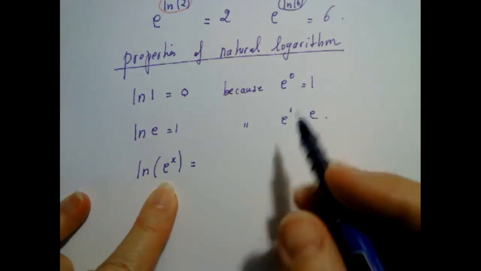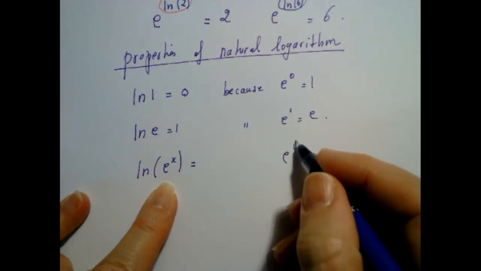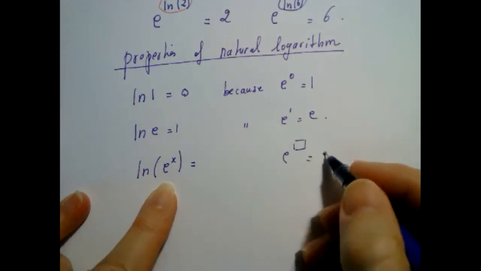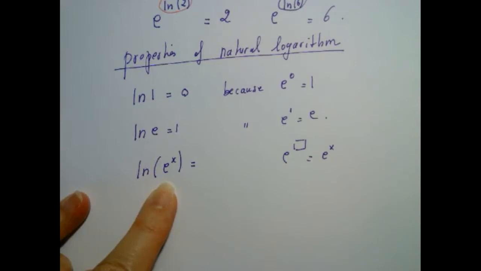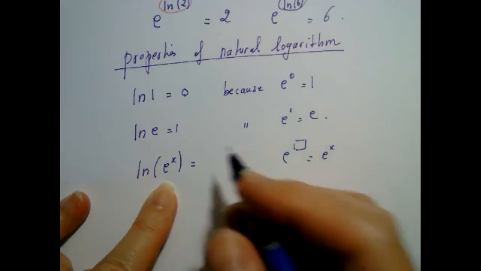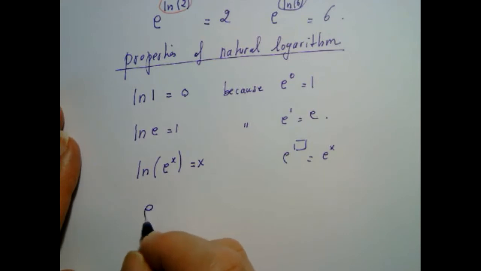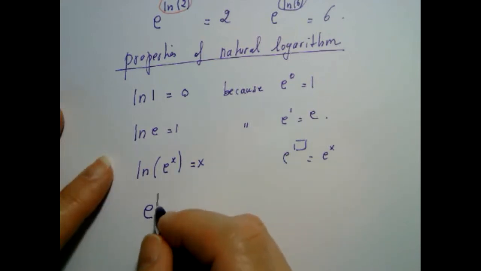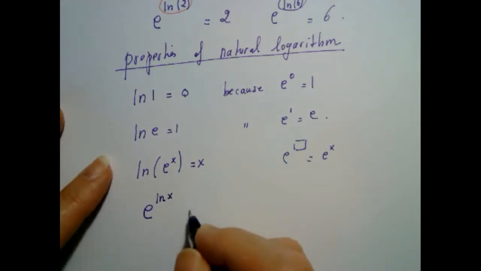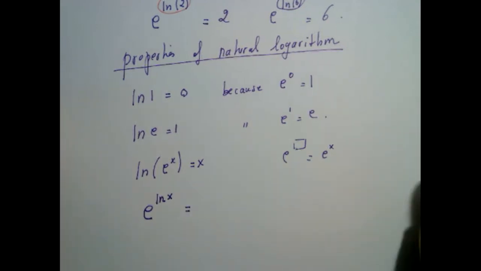So what's ln of e to the x? It means e to what power gives me e to the x? That's what I'm after. That's the definition. Of course, it's x back. So ln of e to the x will give me x back. The last part is, what if I take e and I raise it to the power ln of x? What should I get?